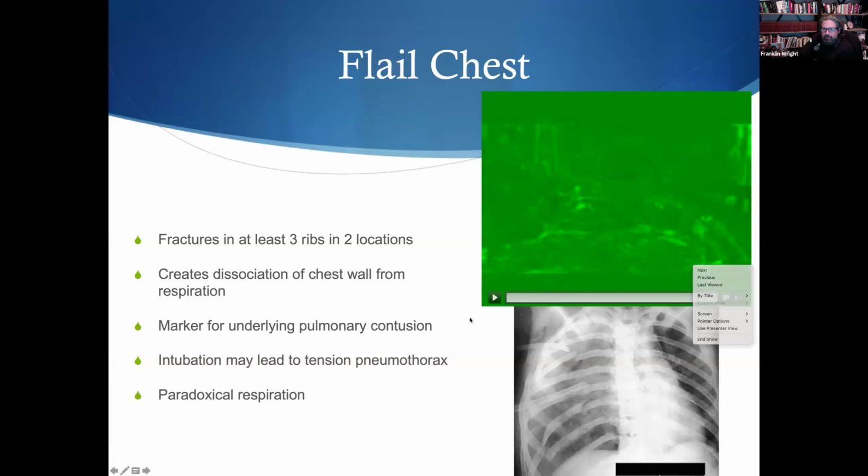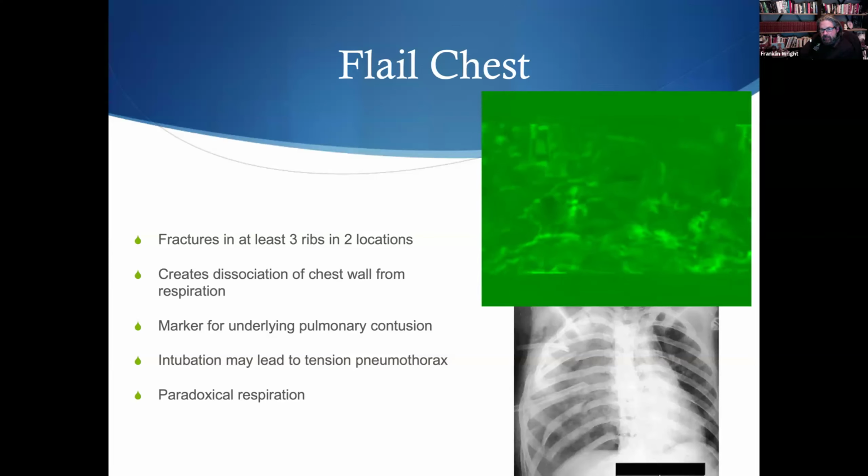You can kind of see it even through the green, but the chest wall kind of sinks on one side and raises on the other, and the other chest wall does the inverse, right? If you're looking at the white spot where the nipple is on the patient's right side, I wish this weren't green. But see how the chest wall kind of sinks in, and that's when she's breathing in. Whereas the left side of her chest is expanding because she doesn't have flail, the right side is sinking in.